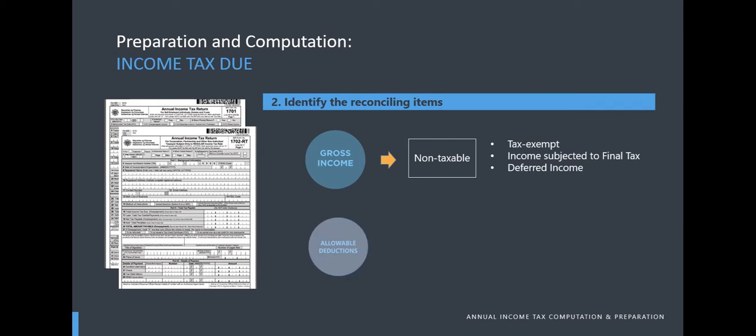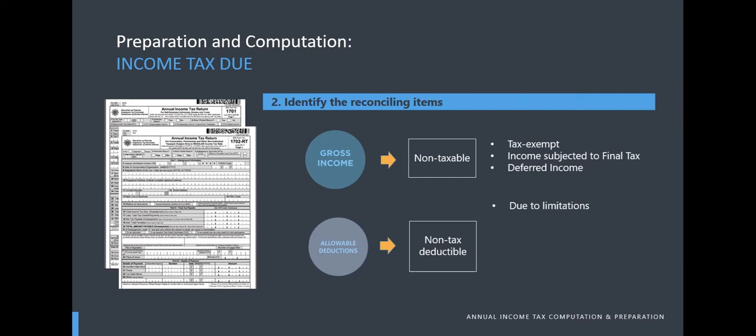For the allowable deductions, reconciling items refer to those that are non-tax deductible. Those non-tax deductible items could be deductible in the future or not. The items of non-tax deductible are as follows.